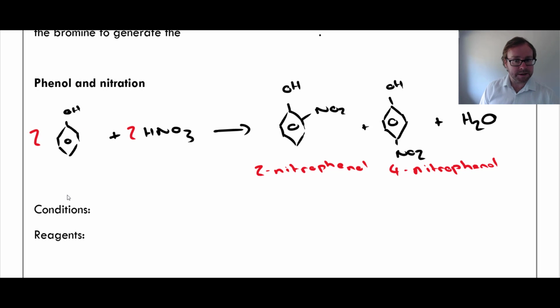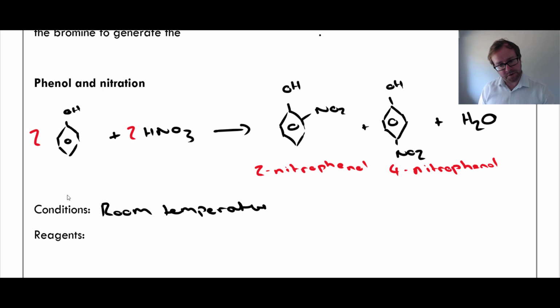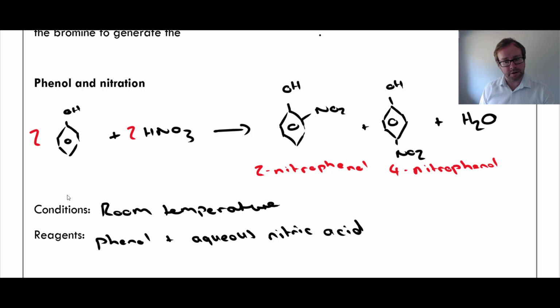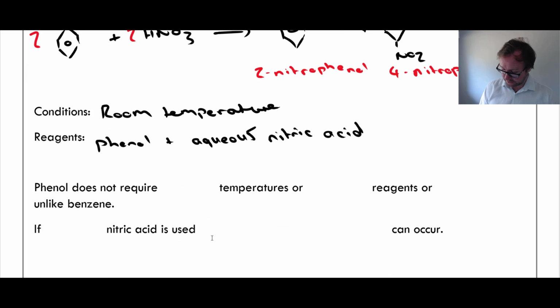So as we said, because phenol is more reactive than benzene, this will occur at room temperature. We obviously need phenol as one of our reagents, plus aqueous nitric acid. So the nitric acid does not need to be concentrated, unlike in benzene where it does, and we have to have a mixture. We can just use aqueous nitric acid.